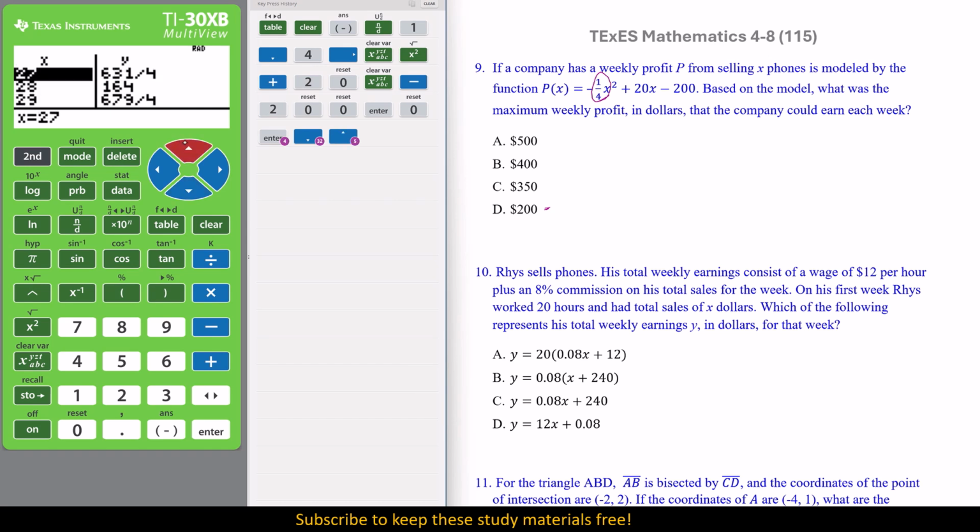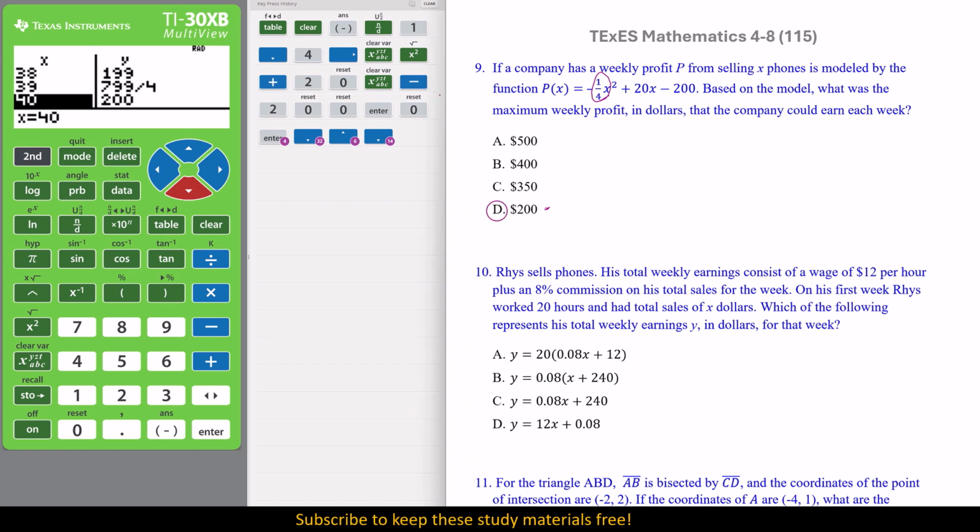No, I don't see 200 as being valid. Okay, what about 350? That's a dollar. No, that's 175, 199. I see 199. Maybe we get it. There's 200 and it's at 40. That might actually be what we need.